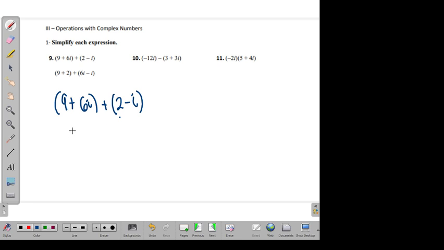So you write 9 plus 6i and put the similar terms underneath, real with real. 9 plus 2, please don't carry, plus 6i minus i, plus 5i. Yeah, that was easy. Let's try the next one, number 10.